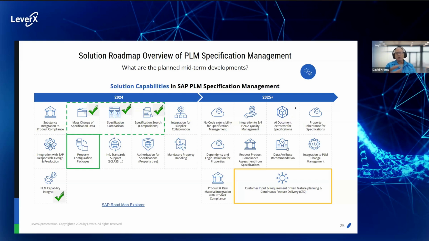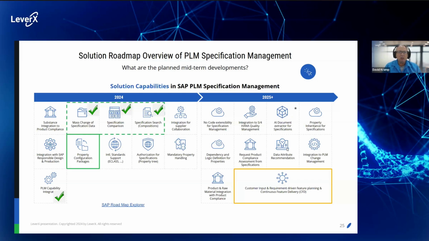Supporting international standards. Once again, that integration aspect that we talked about. Coming up soon, authorization for the specification. We're going to get into authorizations. I'll talk a little bit more about it, but it's a deeper level of authorization capabilities that is going to be delivered. It's already there, but it's just the beginning step. Integration for supplier collaboration.